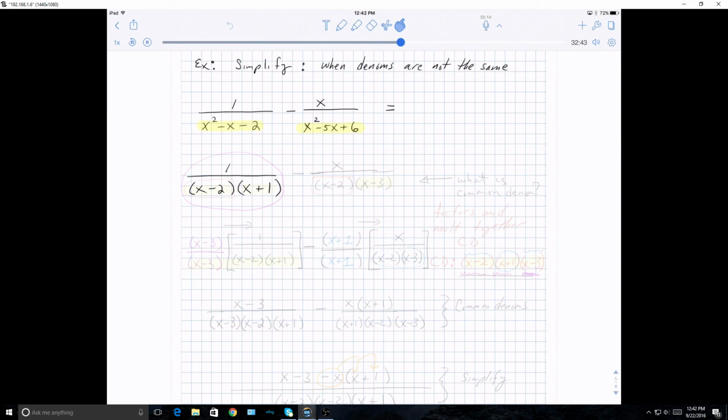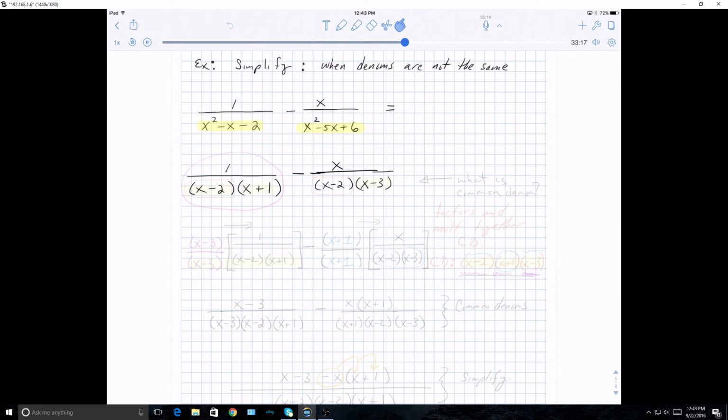So we're looking for either an x minus 2 or an x plus 1. And for the other, the factors of 6 that combine to 5 both have to be negative, so it looks like x minus 2 and x minus 3.